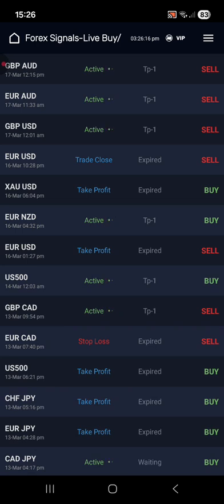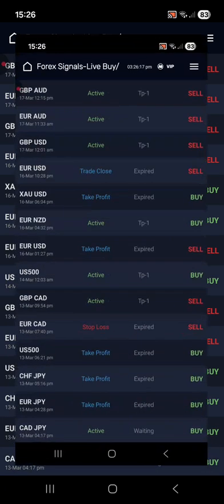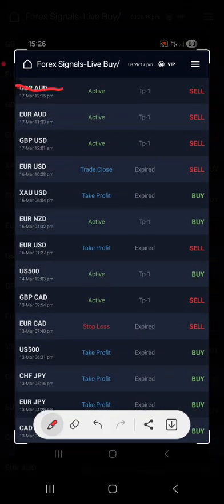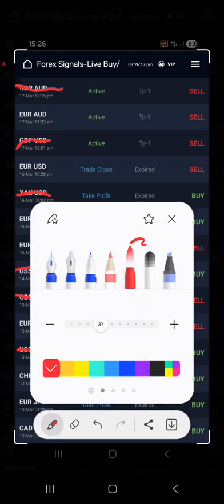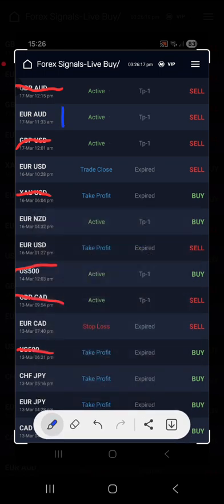GBP we don't do. Here, this is what I do for my students. I cross out the currencies that we don't do. We don't do gold. XAU, USD is gold. We don't do that one. Okay. That's good. So let's number these.